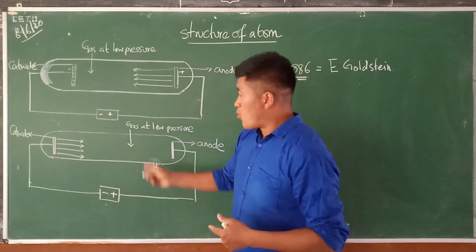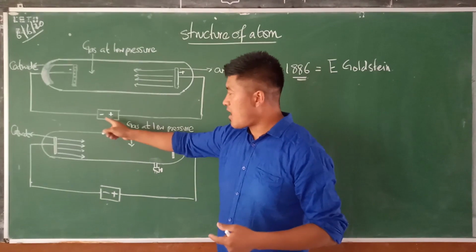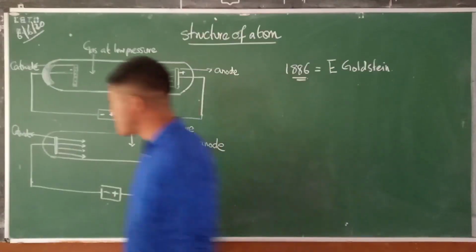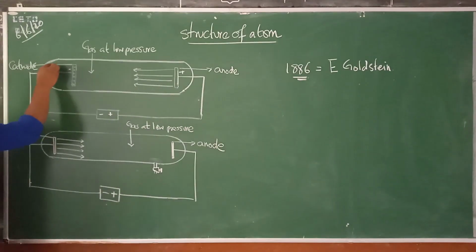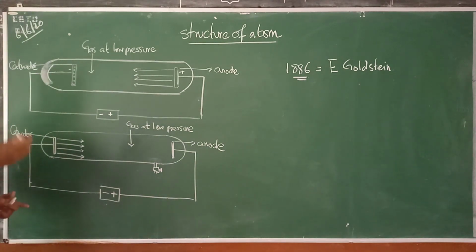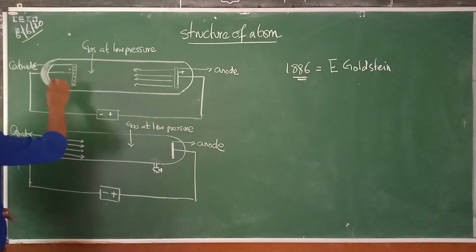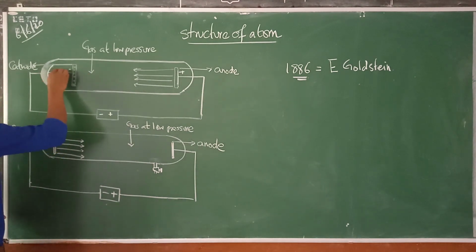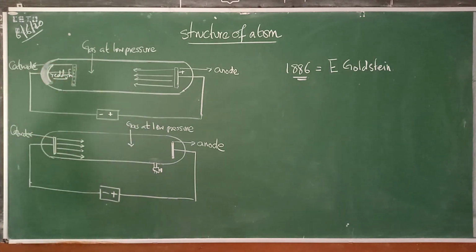When he passed electric current at a very high voltage, he came to know that on that side there is a reddish kind of color. His observation was that the moment he passed electric current, this fluorescent plate turned reddish.